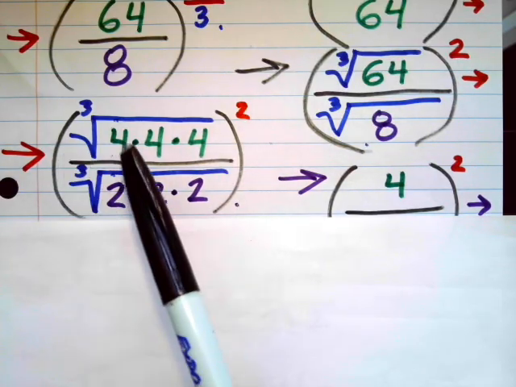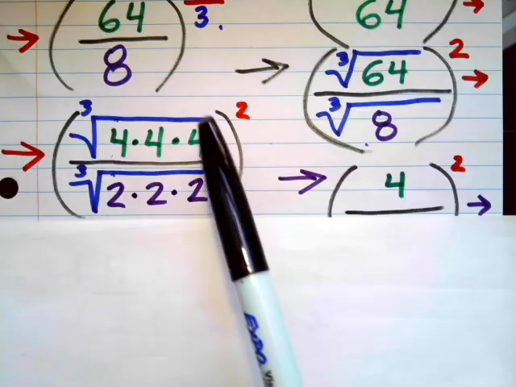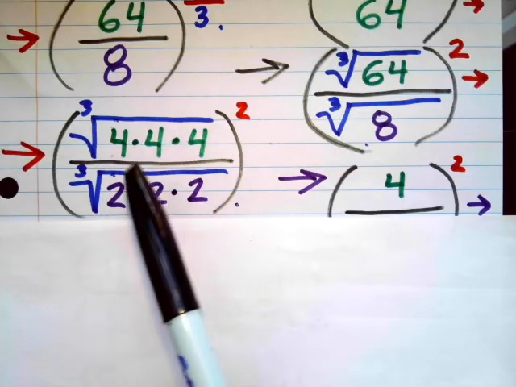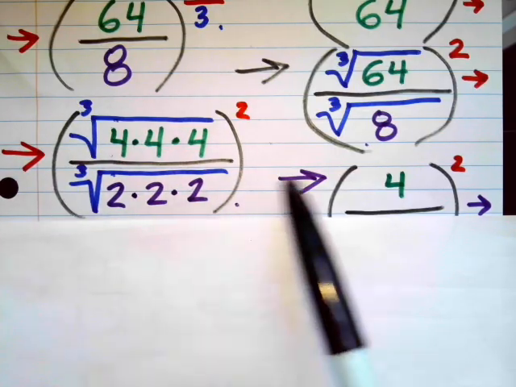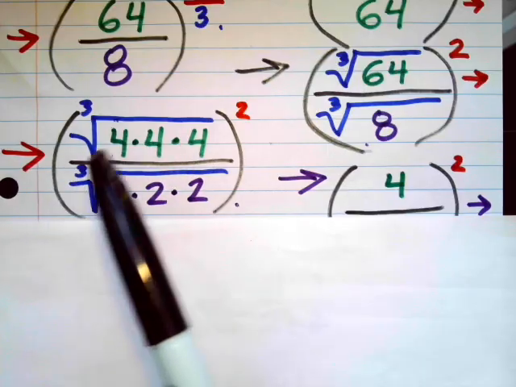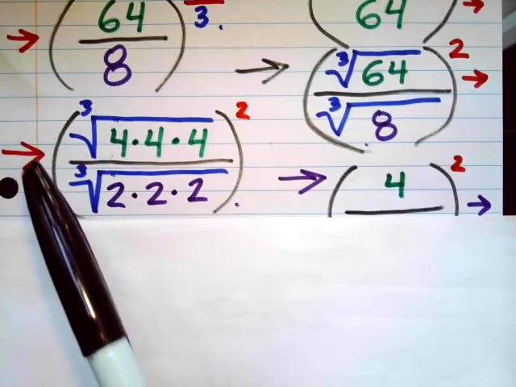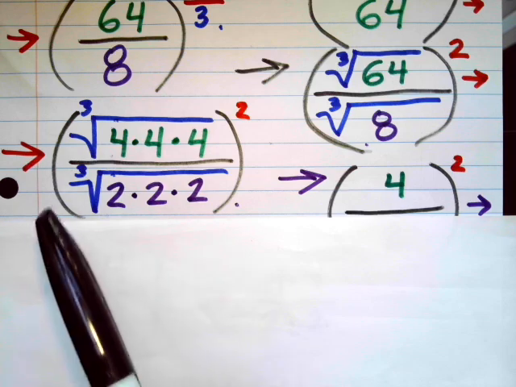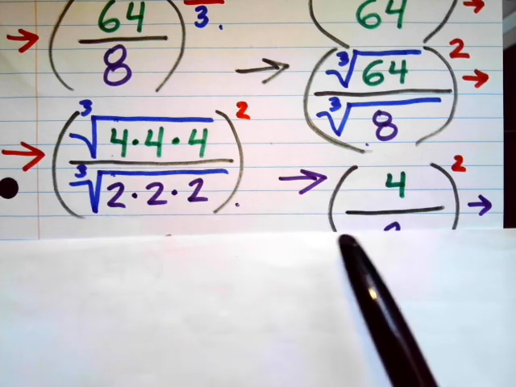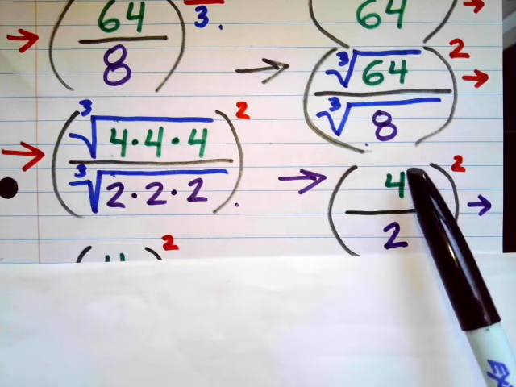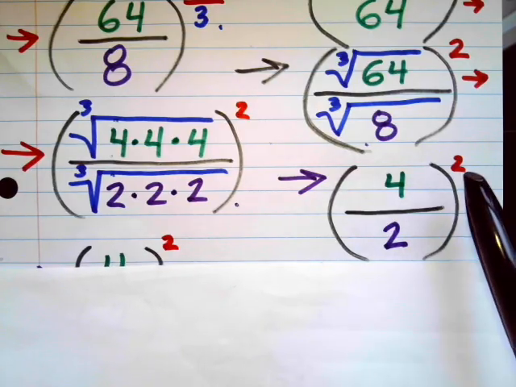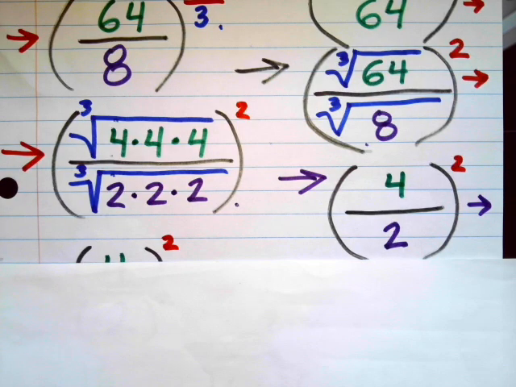Now for a cube root, in review, I need three of the same item to pull out just one value. So I can free up one 4 from that cube root, and I can free up one 2 from that cube root, which is what I'm doing here. I have 4 over 2, still raised to that second power.